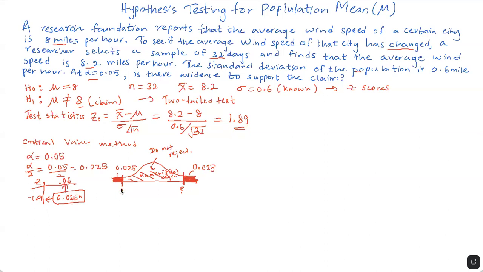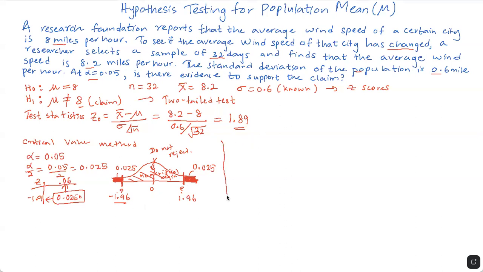So therefore, this number here, the critical value, is negative 1.96. As you know, this distribution is symmetric around 0, right? Around the center. So therefore, if this one is negative 1.96, this number is positive 1.96. So we have both critical values. One is negative and the other one is positive.